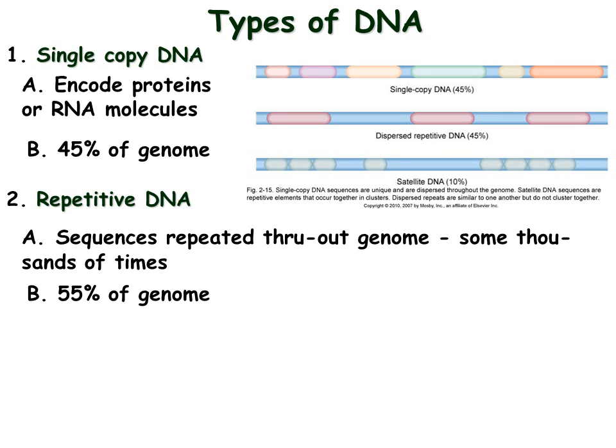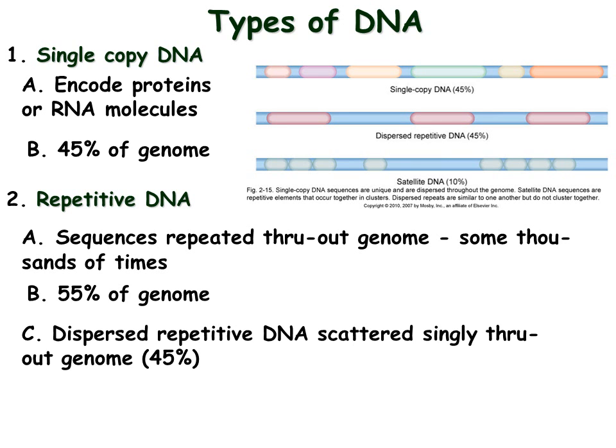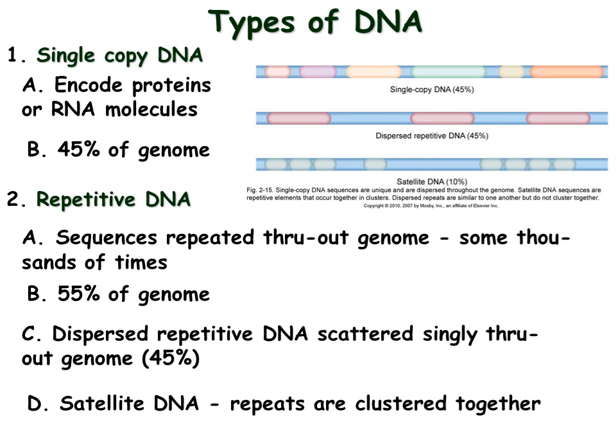So now you see why I say we don't really understand why they're there, but there's probably some good reason that God put them in there. We just don't understand it yet. Some dispersed repetitive DNA is scattered singly throughout the genome, and that actually is the bulk of it. And then satellite DNA are repeats that are really clustered together.